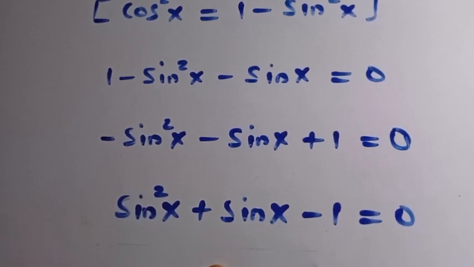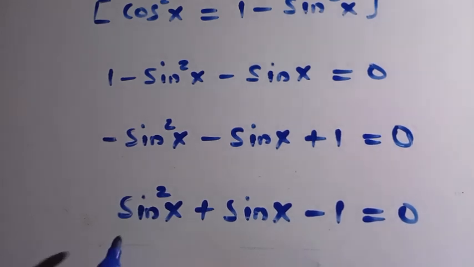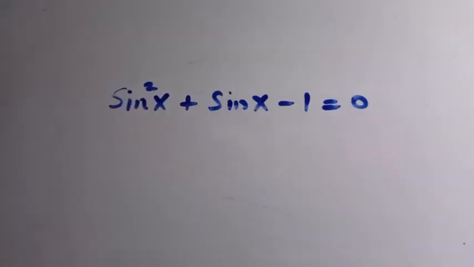So this looks familiar, as this is just like quadratic equations but in form of sine. So let's try and solve this quadratically and see what will be the output of this equation.